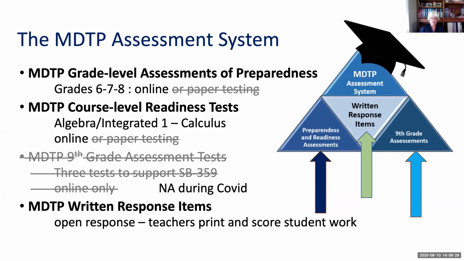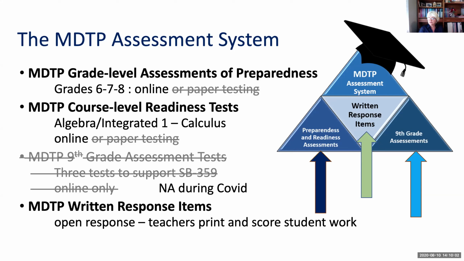To further help you as a teacher, we also have a series of written response items that are available to teachers. These written response items are a single topic. You can, as a teacher, print the response item itself, as well as a rubric. In order to access those items, you would go to our MDTP website and request access. Then you're allowed to print and score your student work independently.